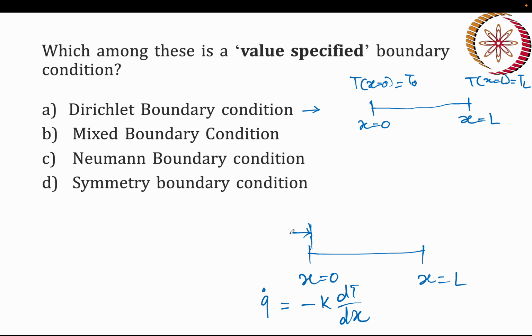So let's say this q dot at x equal to 0 is given, some q naught. In that case, what is given is dT by dx. And at this boundary also, the heat flux is given, let's say qL.